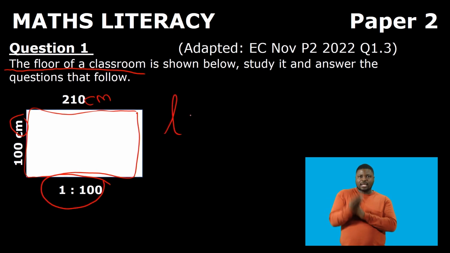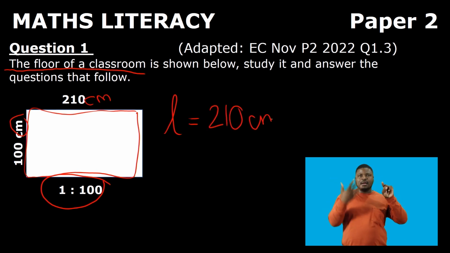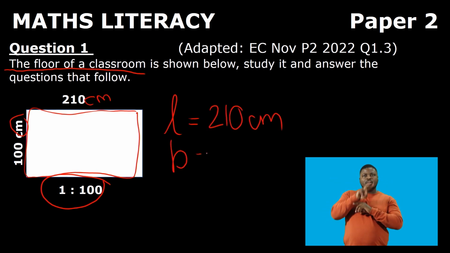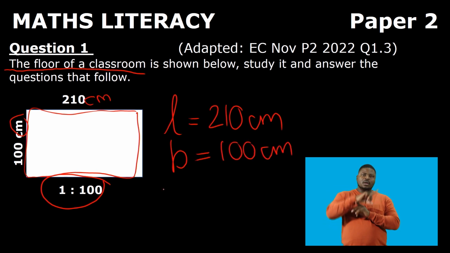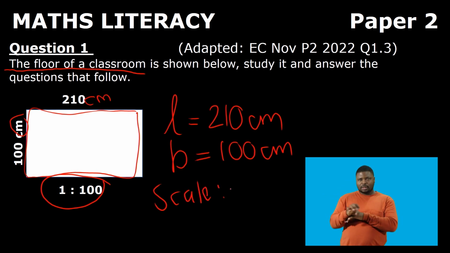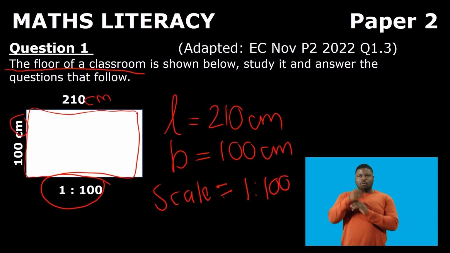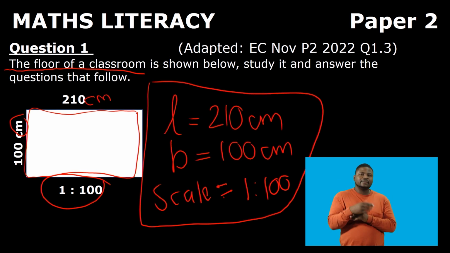We've got the length as 210 centimeters, the width as 100 centimeters, and the scale is 1 is to 100. It's very important for us to write this down somewhere so that you don't need to refer to the sketch the whole time.